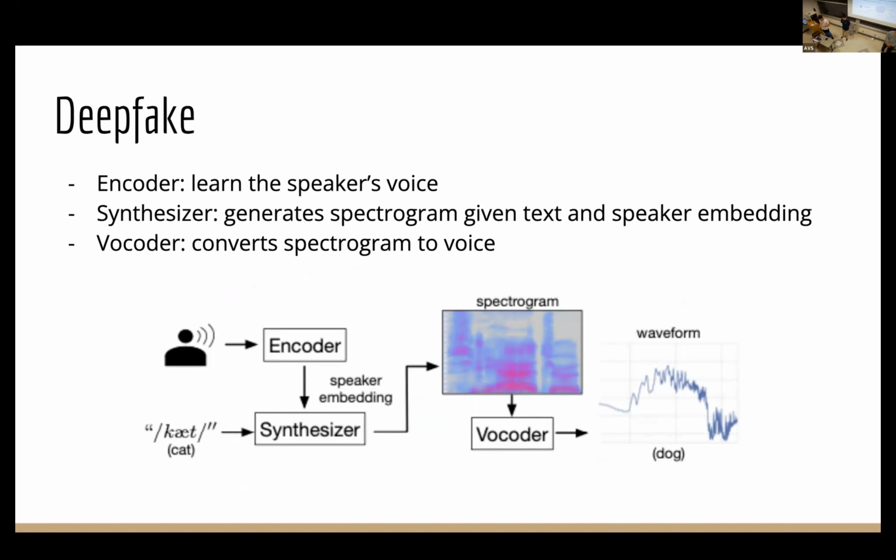The second part is the synthesizer, where I feed in the words and the speaker embedding, and it outputs a spectrogram. A spectrogram is almost like a fingerprint of a voice, but it's not yet the voice. To generate the waveform, we need to go through the vocoder. In this whole process, we ignore the physical construct of our vocal tract, and we'll go in depth on what's going on here.